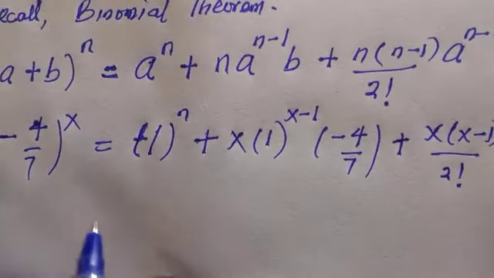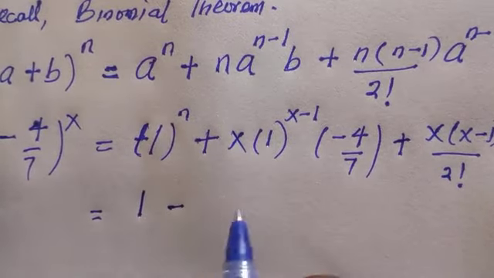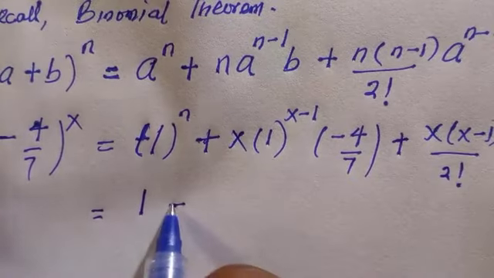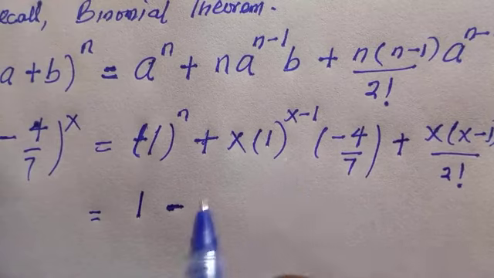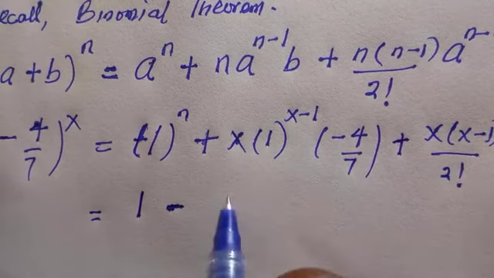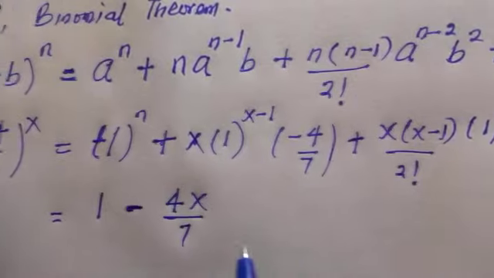We know that 1 raised to the power of n is 1. Then plus times minus is minus, and 1 raised to the power of x minus 1 is still 1, so we have minus 4x divided by 7.